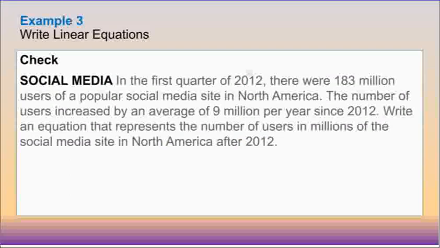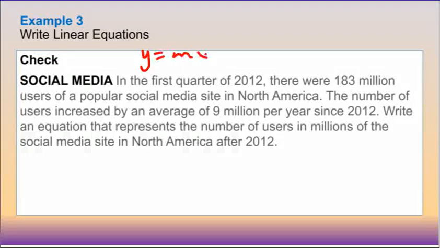Another example, in the first quarter of 2012, there were 183 million users of a popular social media site in North America. The number of users increased by an average of 9 million per year since 2012. Write an equation that represents the number of users in millions of social media sites in North America after 2012. So again, we need to put it into y equals mx plus b.